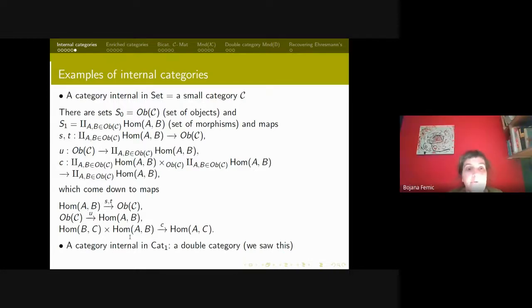Here I'm starting with a category, and then I know that I have this C at the bottom.